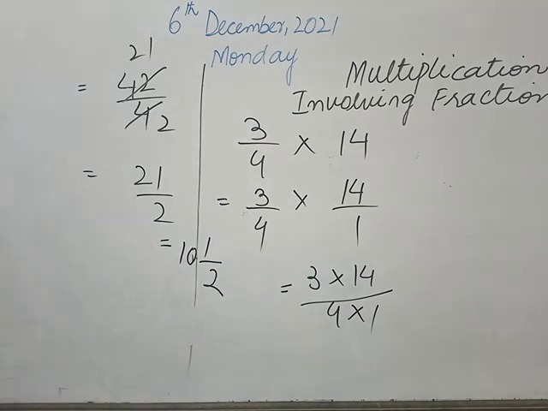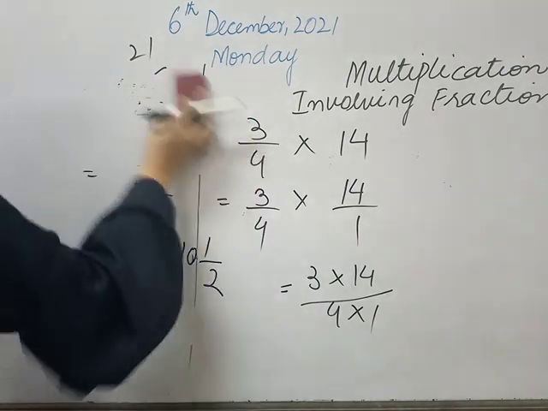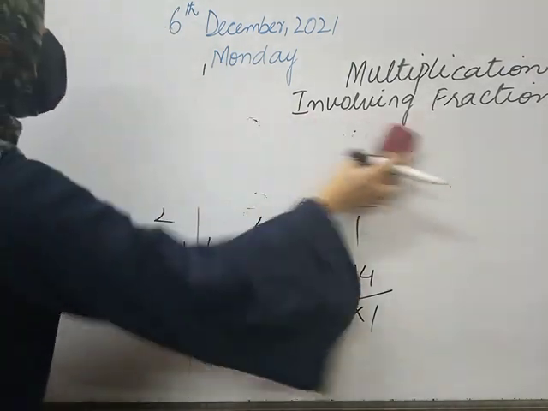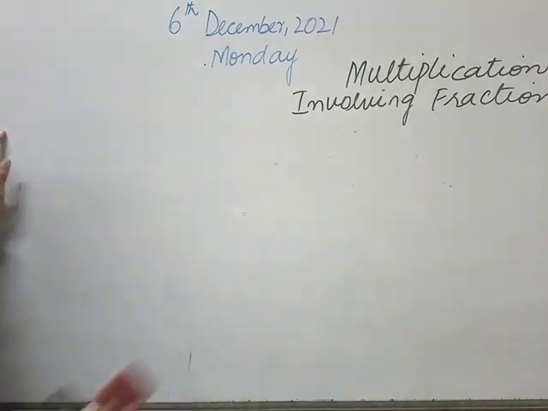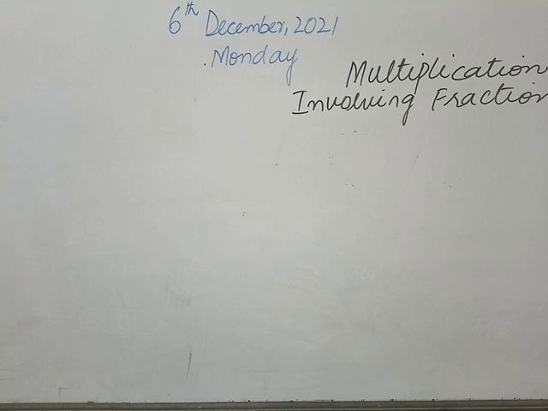Fine class. Now we have another fraction in which multiplication is involved. Let's take another example. We have 1 by 3, then there is a sign of multiplication.